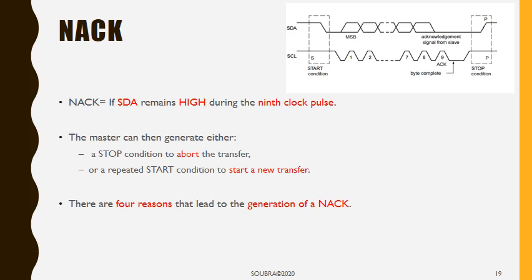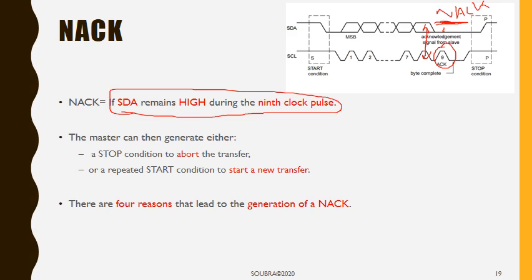Here, if I'm done with my 8th and this line is back to 1 here, this means that on the 9th pulse I did not bring it down, so it was maintained at 1, so there's a NACK. SDA remains high during the 9th.